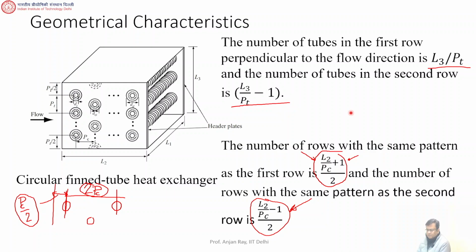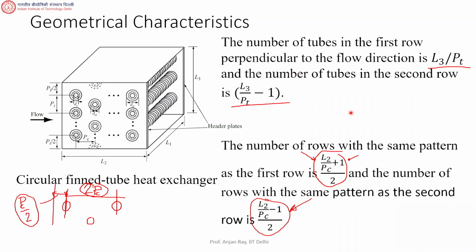So L3 by PT minus 1 will be okay. You are convinced about this one, L3 by PT? This one is okay because I worked out all steps. So hopefully you can work out the second row. So it should be L3 by PT minus 1. Second row will have less, right? Okay. So check this out yourself. I'm not doing all steps. Fine. So this is L3 by PT minus 1.